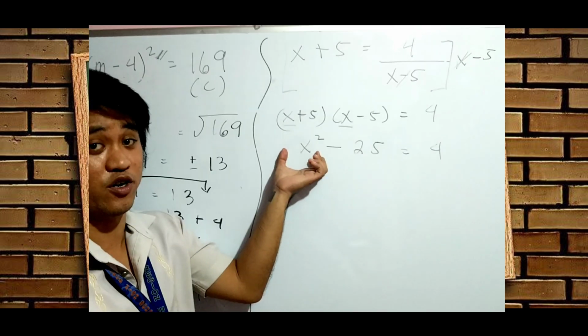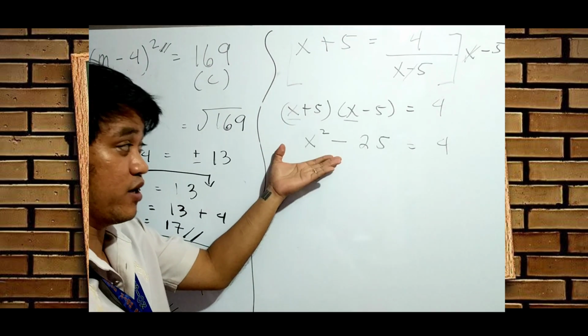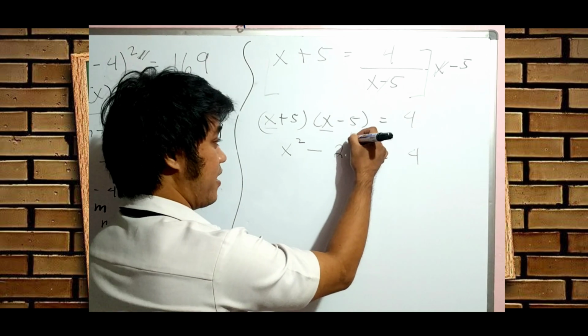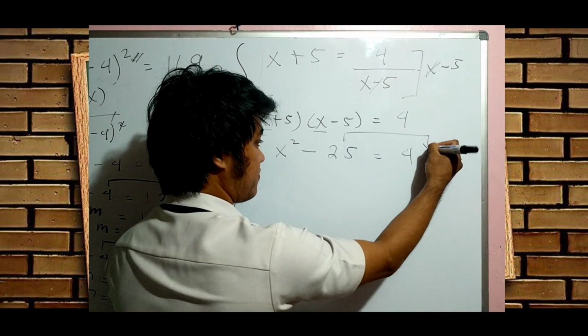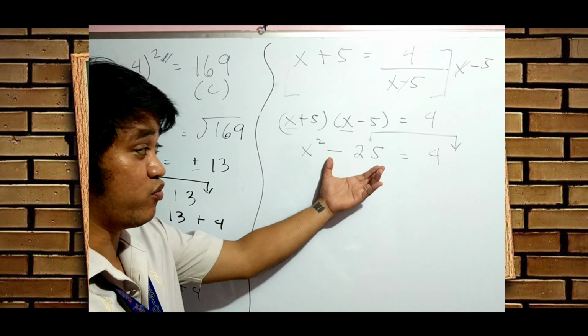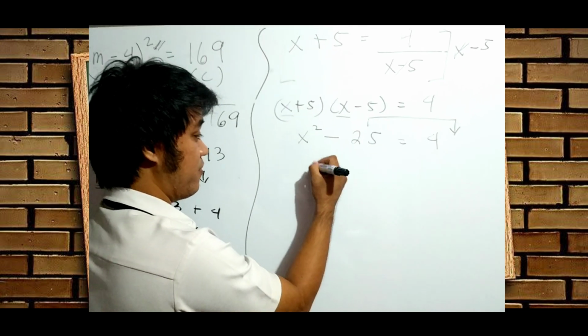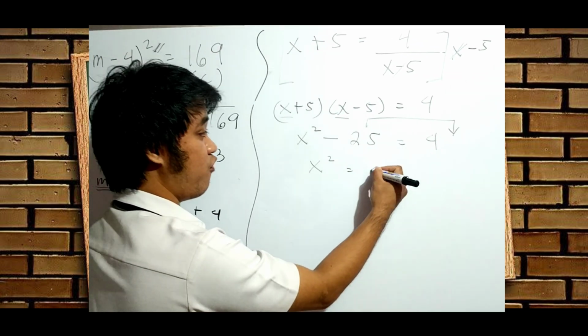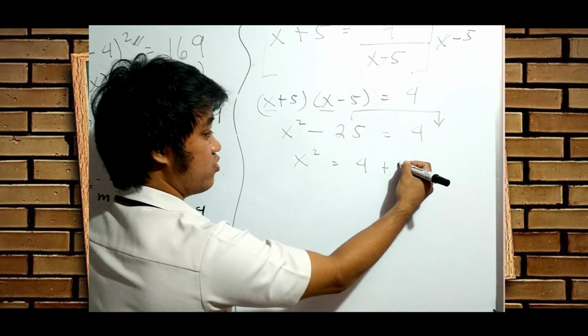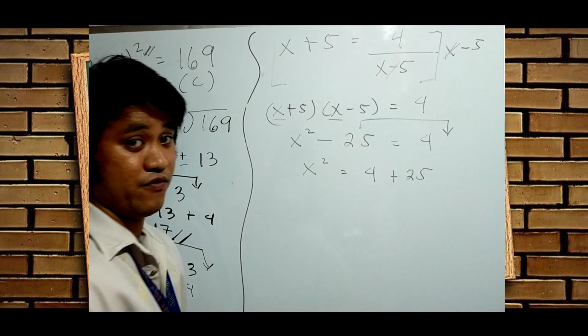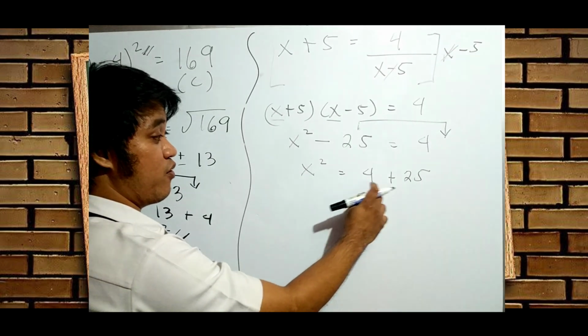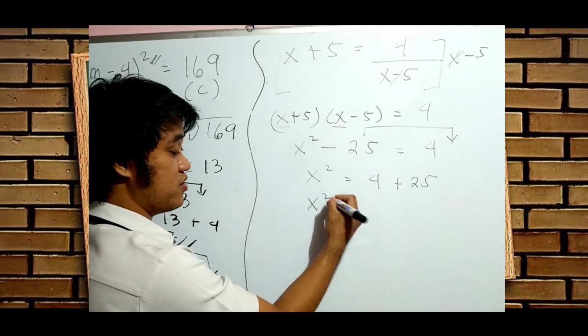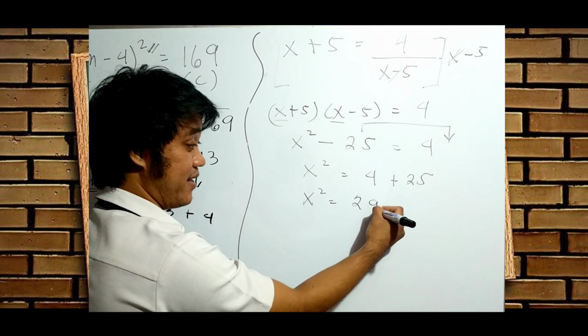Again, isolate letter x, or isolate the variable. So we transpose negative 25, so it becomes x squared is equal to 4 plus 25. So we have x squared is equal to 29.